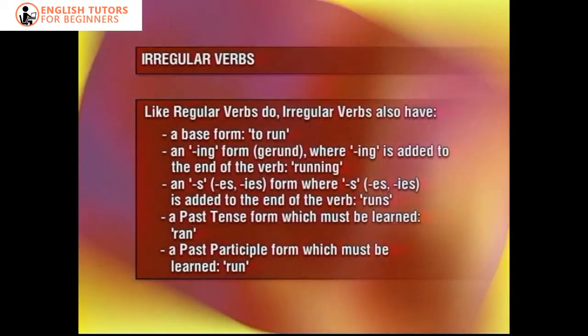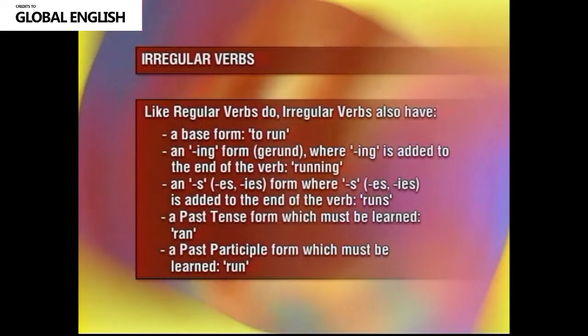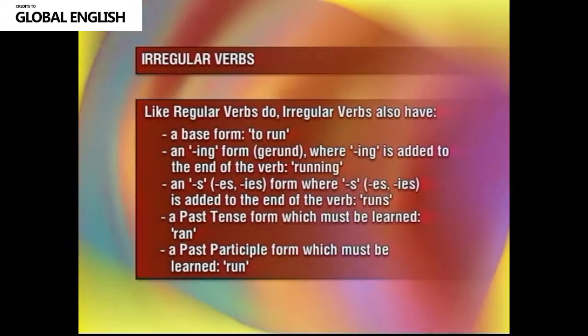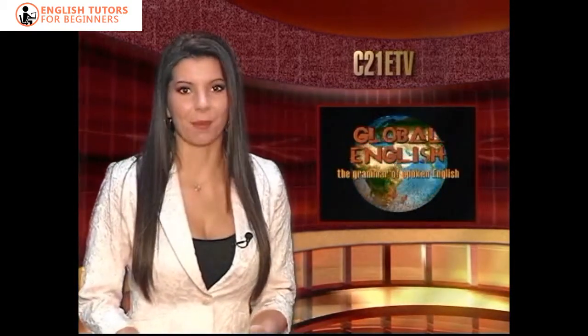A past tense form which must be learned, ran. A past participle form which must be learned, run. Remember, irregular verbs do not follow the -ed suffix pattern. There are some patterns among them, but we cannot use them as rules. The irregular verbs are mostly unpredictable. If you don't know them, you can only learn them in context.